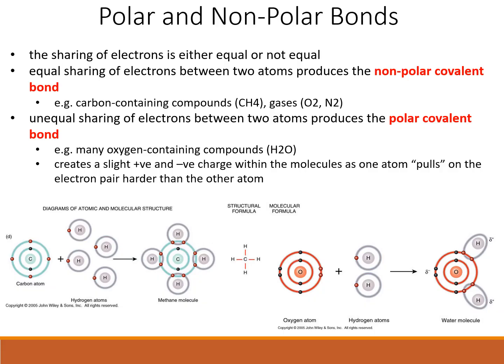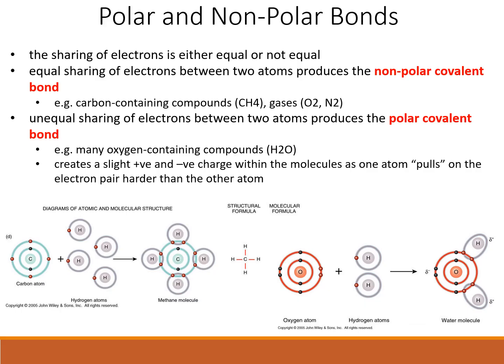The equal sharing of electrons between 2 atoms produces a non-polar covalent bond. Carbon is probably the most commonly found atom that's in a non-polar covalent bond. So carbon-containing compounds like methane, gases also, are held together by non-polar covalent bonds.